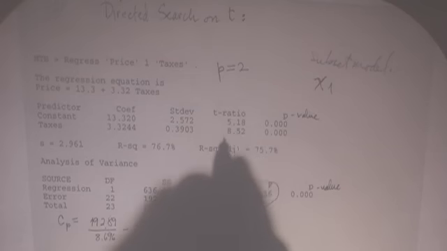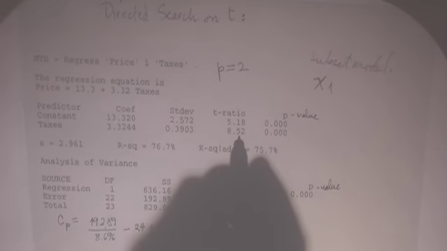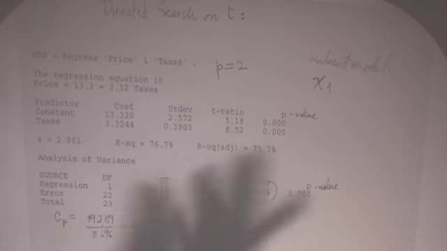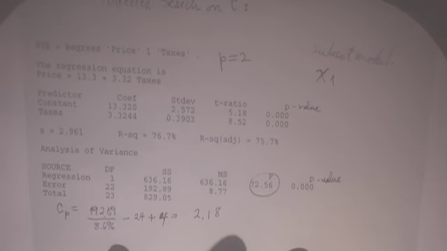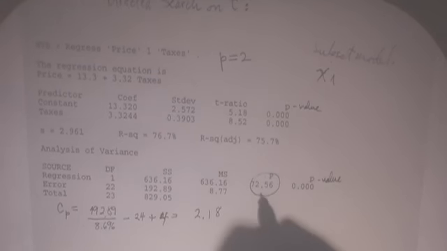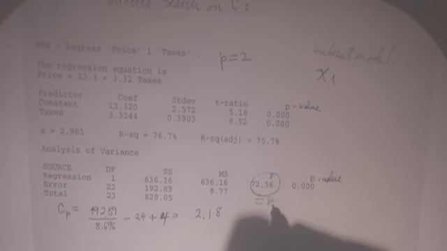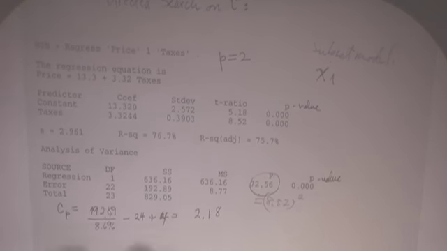Now we look and see, yes, indeed, taxes is significant. It's the same as the significance of the model, that T ratio. They don't even bother putting the F in here. Well, here it is, F. That's 8.52 squared, as we know. So there's the analysis of variance table.